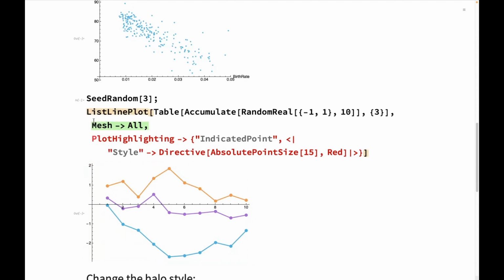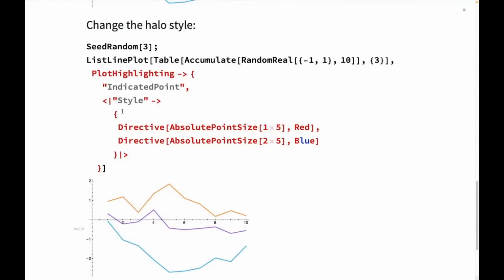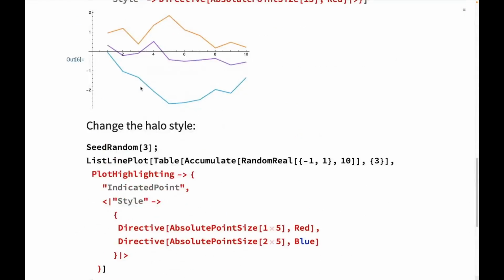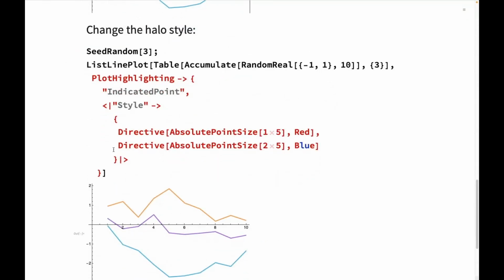If I turn this off, you can see the interpolated points are not highlighted, right? And if you have noticed, there's a halo around the red points, and that halo style can also be modified. That's the second value in the list in the option.